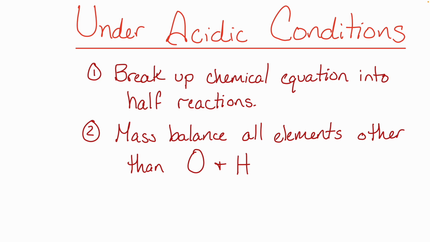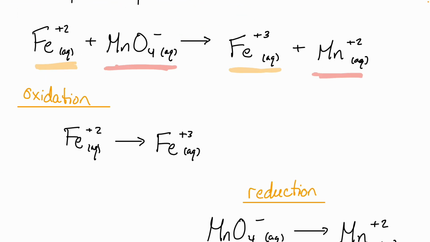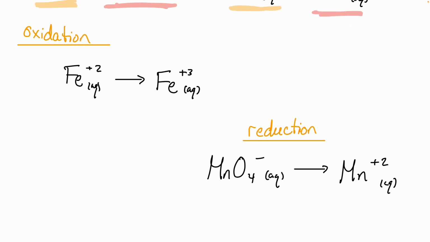Remember this term mass balance? What does that mean? Does anybody remember? That's our normal balancing, exactly. Normal balancing. Make sure you have the same number of, in this case, irons on both sides and manganeses on both sides.